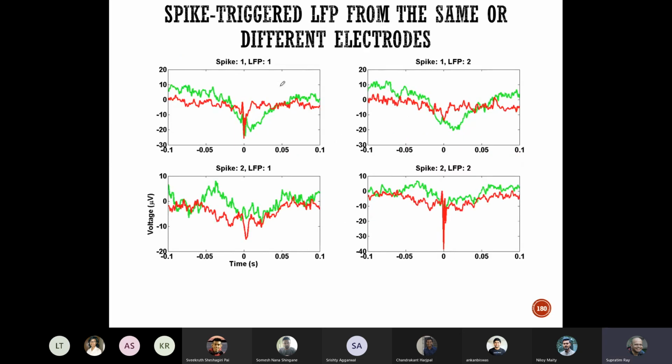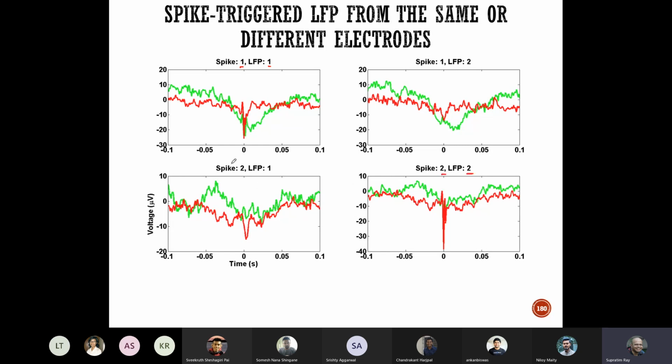Before I get to that though, I'm going to do something which is often done in the field. If I've got two electrodes, electrode LFP1 and spikes 1 and LFP2 and spikes 2, there are actually 4 combinations that I can do.